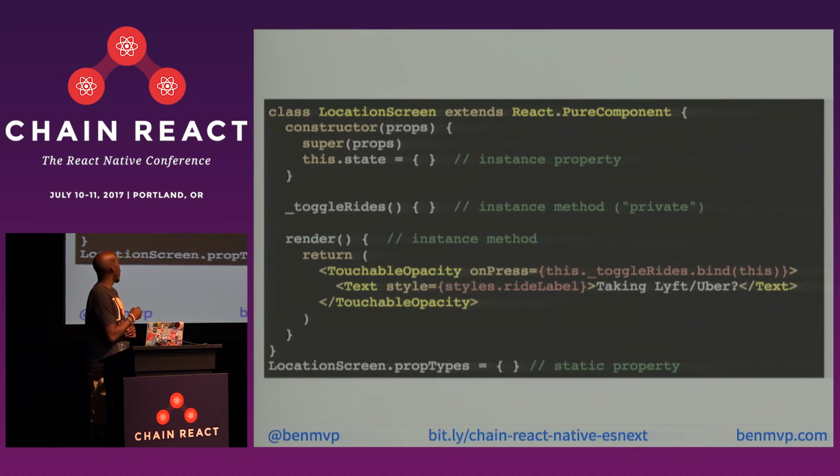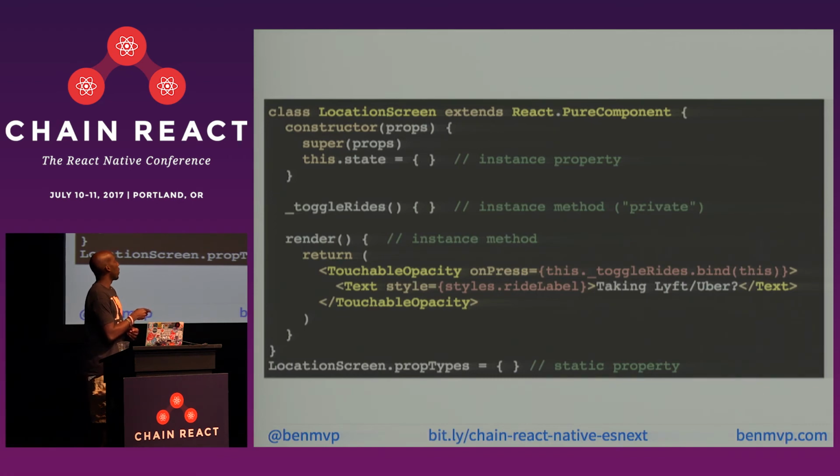And then toggle rides right here is a method. And because it's a method and we're passing it to onPress, we have to do a bind.this. Because if we're passing this method as a reference and it's going to be called, we need to make sure that it has the proper this context. So we have to bind this to it.